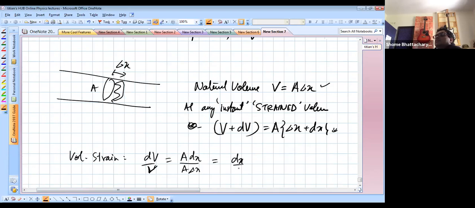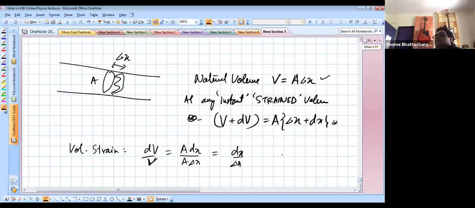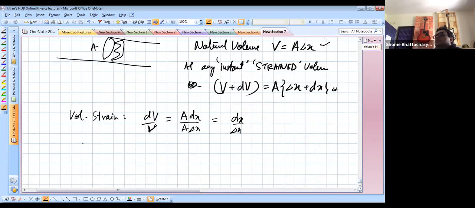So that is dx upon delta x. Now, why is this dx occurring? Because there is displacement. So we can see that this dx is due to longitudinal oscillation given by this displacement formula.